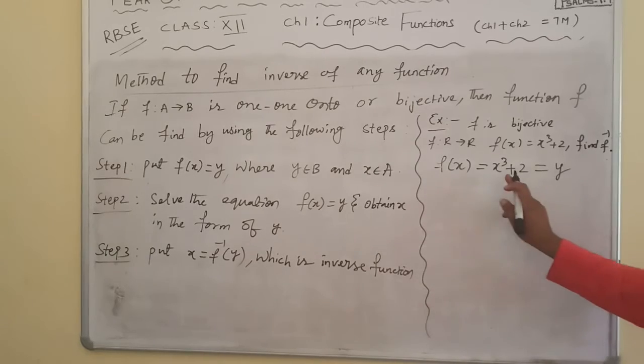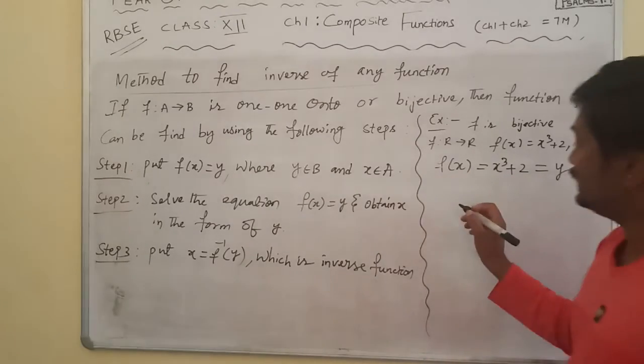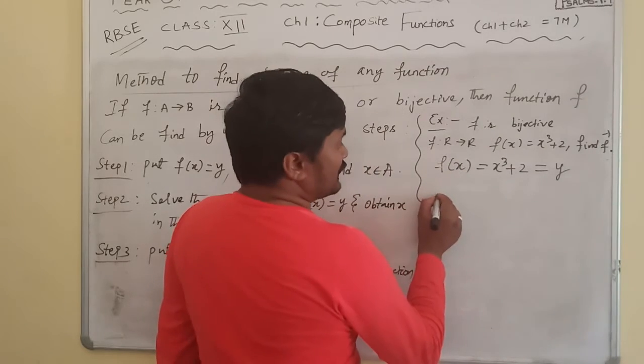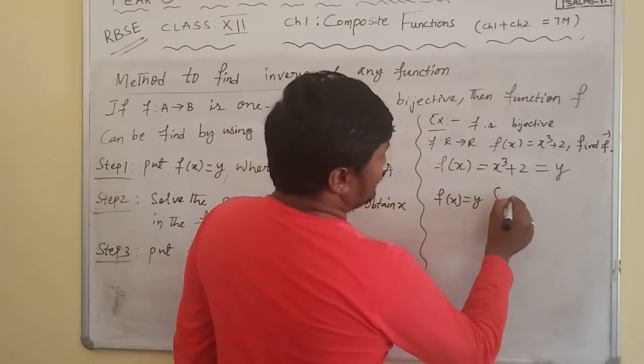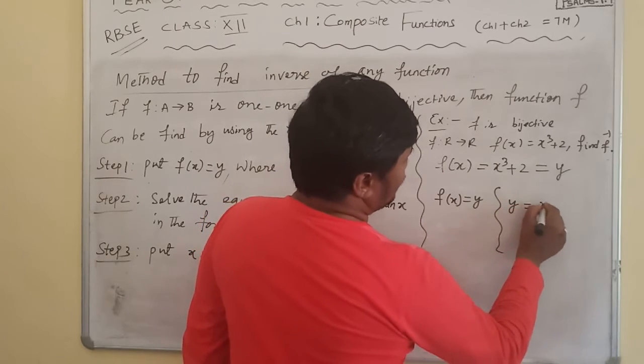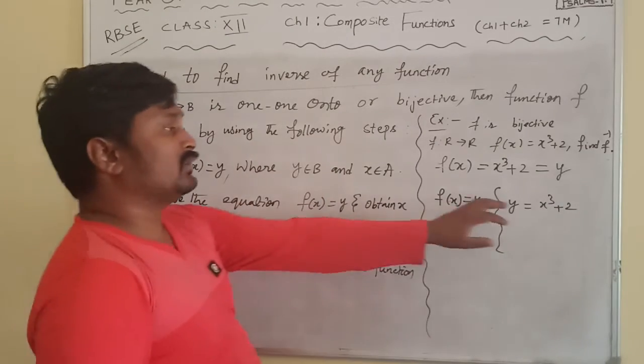So what we need to do is solve these two and get the answer. So we can write f of x is equal to y on one side, and on the other side, y is equal to x cube plus 2. After writing this, they said solve for x.